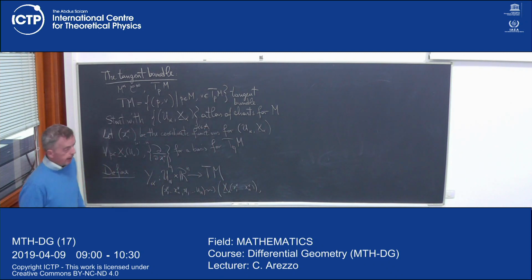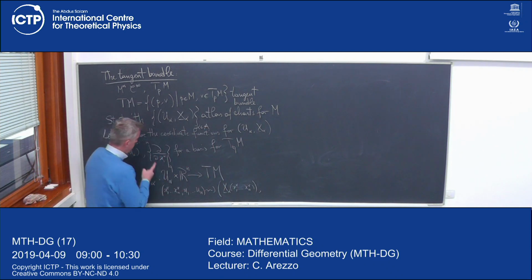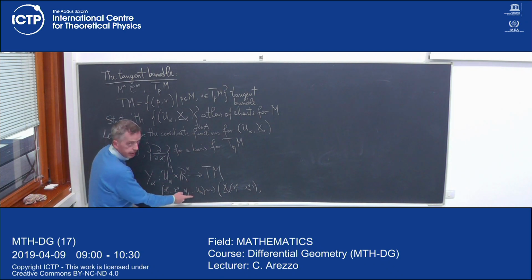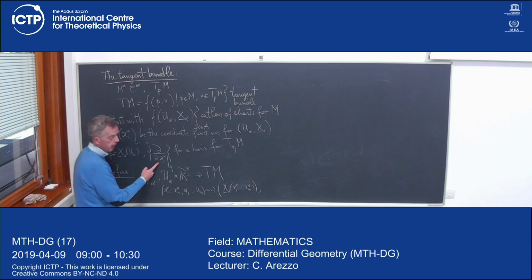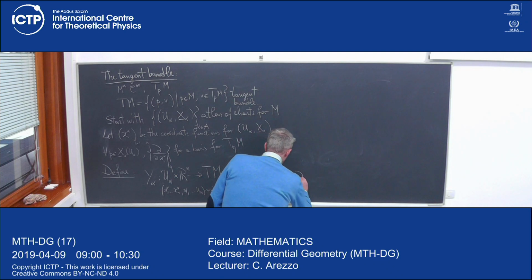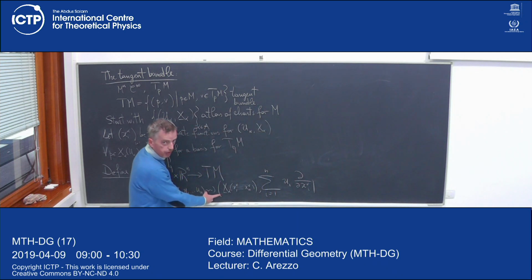And the vector, well, these coordinates I told you give me a basis. Now I have numbers, so I take the linear combination with these coefficients of these vectors. So here I just take the sum over i from 1 to n of ui ∂/∂xi alpha, at this point.